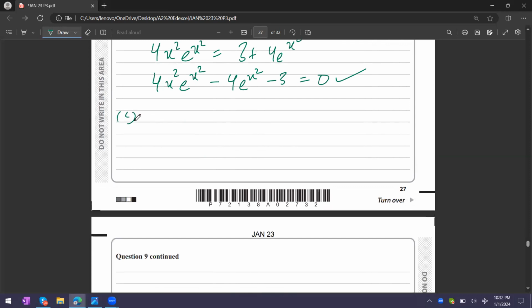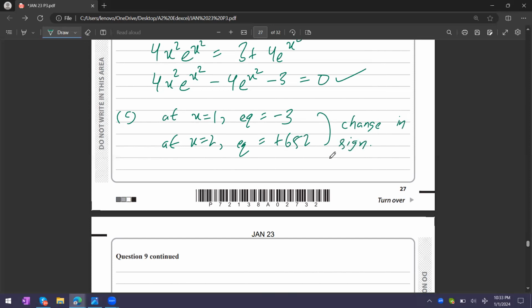At x is equal to 1, the above equation is -3. You just put 1 here, and at x is equal to 2, the above equation is plus 652. So there is a change in sign. That means there must be a root lying between 1 and 2.